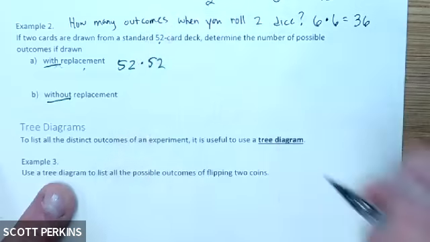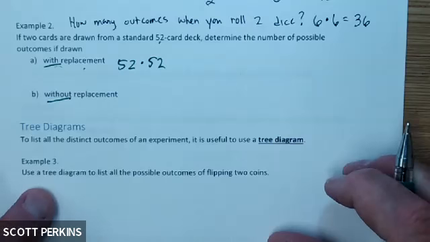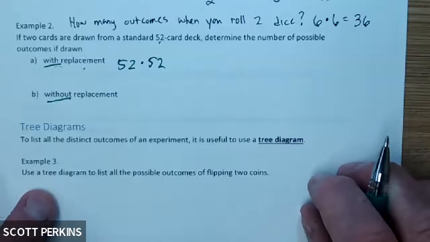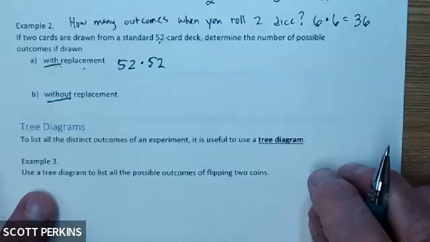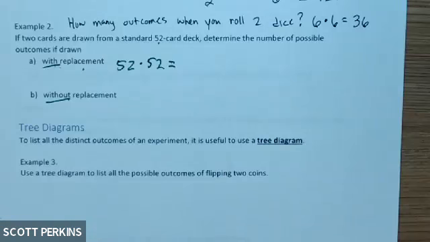It doesn't change, because it's the same 52 cards because I put that first one back in. Does that make sense? Do you understand what the words with replacement are telling us? Okay, so then 52 times 52, and I pop that in the old calculator. It's something large. 52 times 52 is 2704.